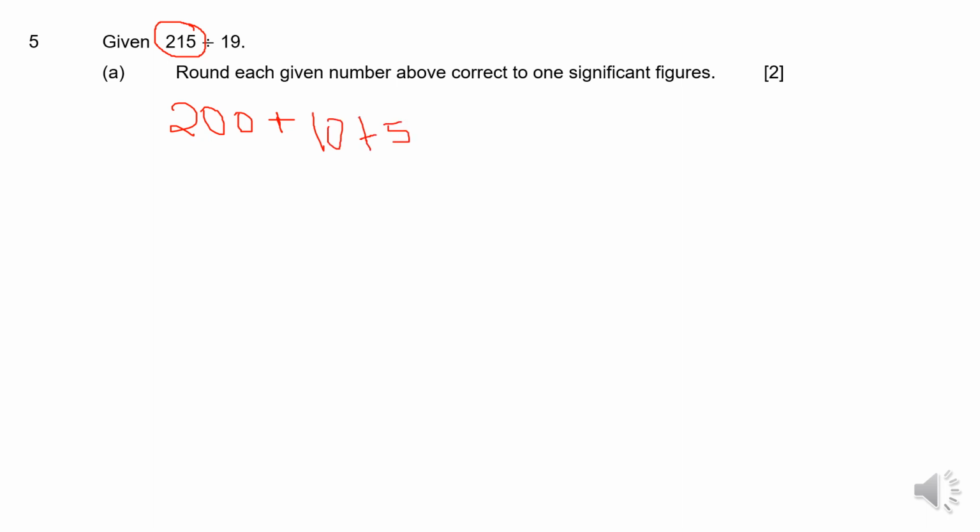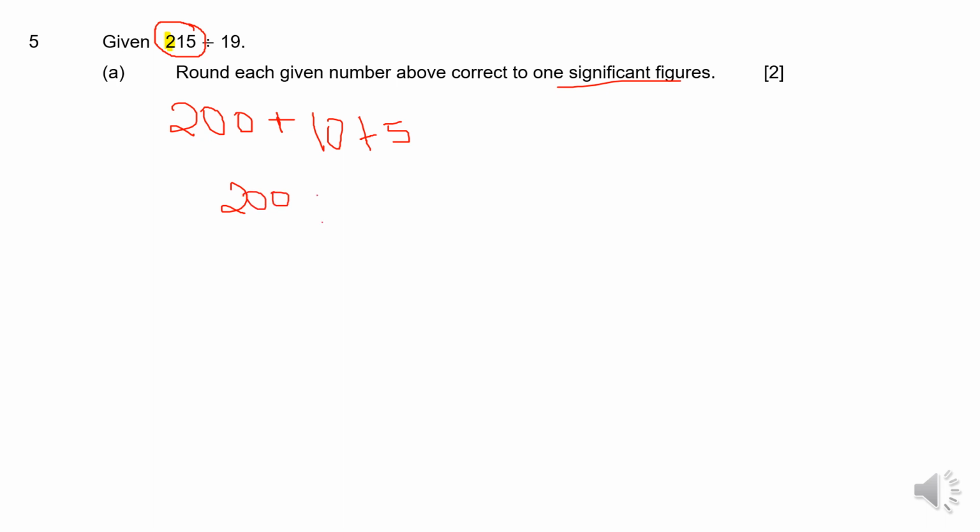So when you are told to give the number to one significant figure, the first digit in that number, in this particular case the 2, because it's the first non-zero digit, is the first significant figure. So in order for you to round to the nearest significant figure, you have to look at your tens. Now if it's 50 or more, it would change that to a 300, but it isn't, so when you round that number, it will simply be 200.